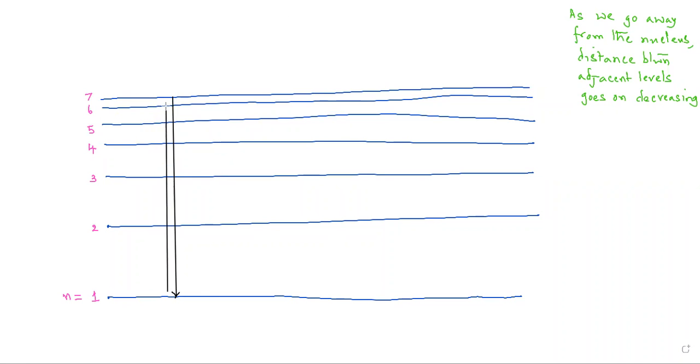Consider from 6. Okay. 6th to 1st. Even 5th to 1st is okay.